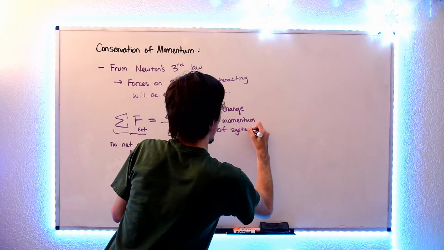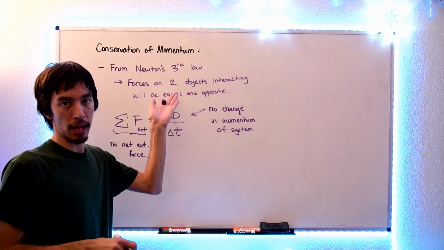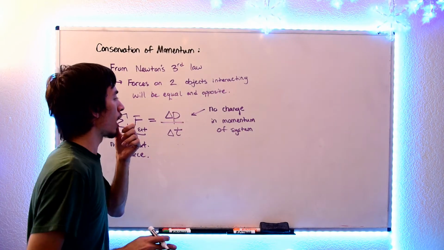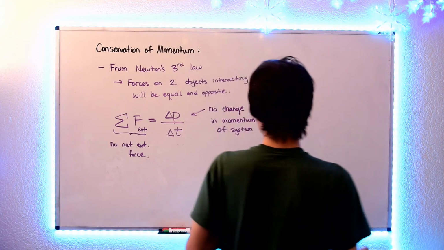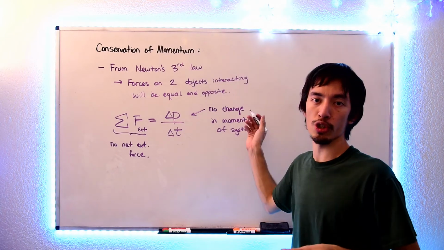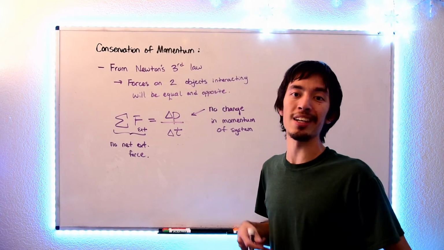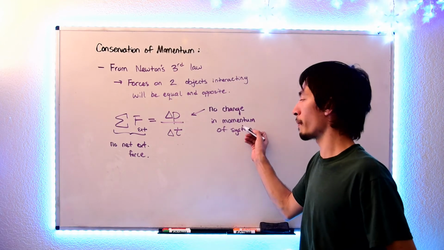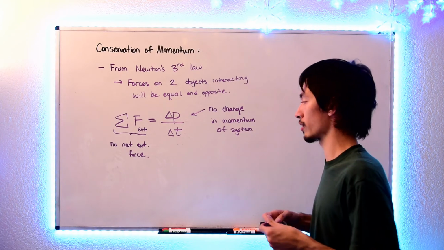The system could be, for example, two objects that interact with each other. No change in the momentum of the system ultimately boils down to it being conserved. So the total momentum is conserved.